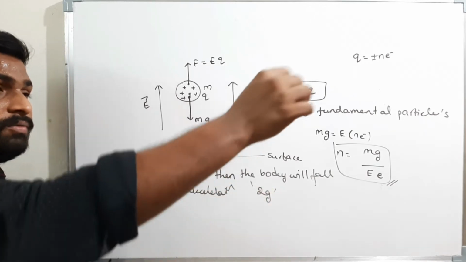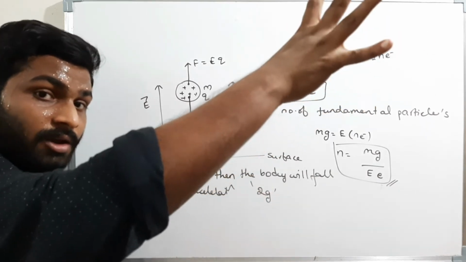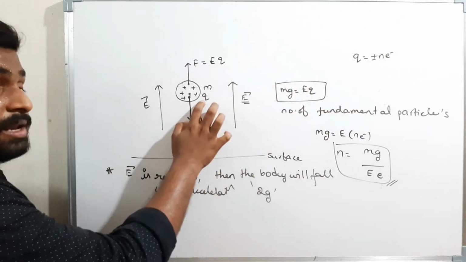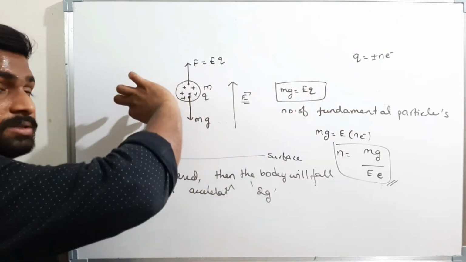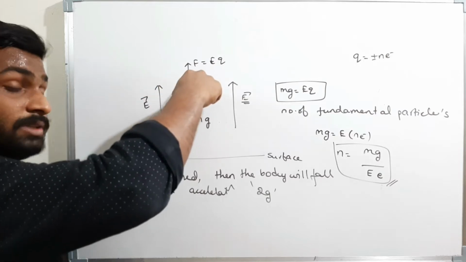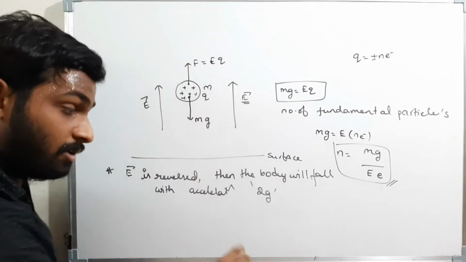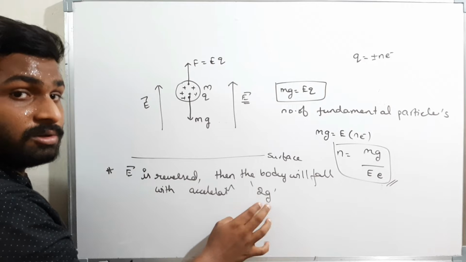If I leave it freely, it will fall with acceleration g, that is, the acceleration due to gravity. But if I reverse the field while it is balanced in the air, then this charge will fall with an acceleration of 2g, that is, double the acceleration due to gravity.